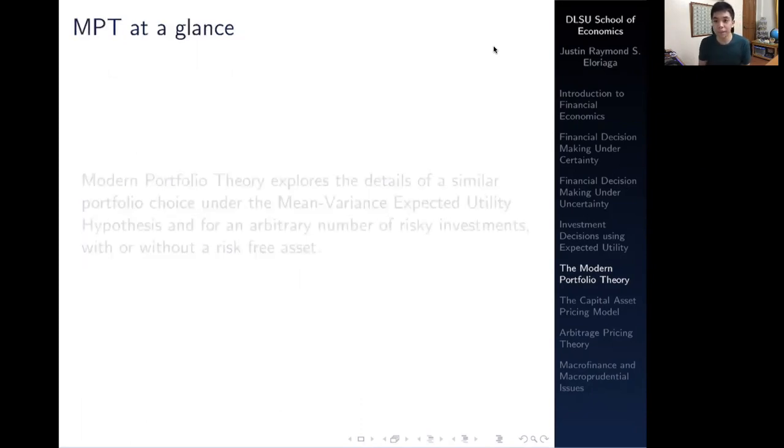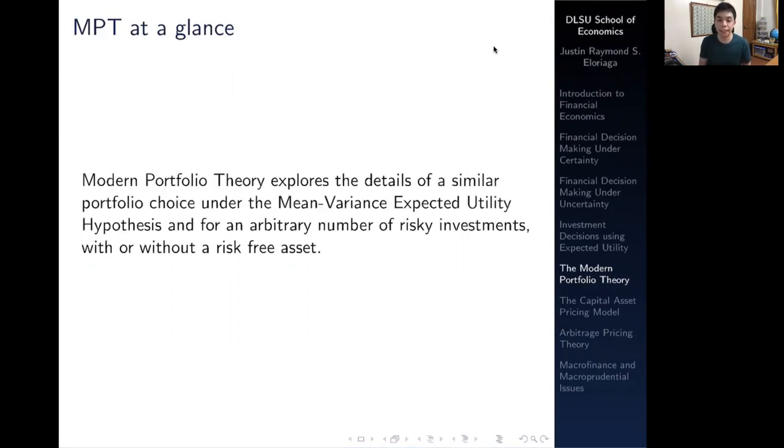So, the modern portfolio theory actually explores the details of a similar portfolio choice under our last module, which was the mean variance expected utility hypothesis. And it explores this for an arbitrary number of risky investments, and that includes investments which could potentially be risky or risk-free.